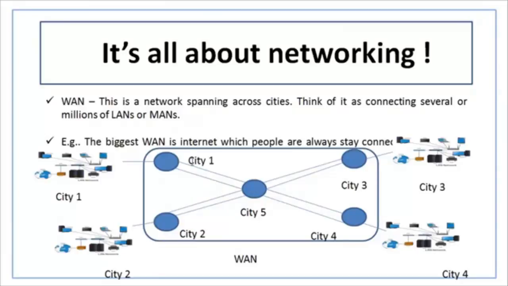Again, let's say you are in city 1 and you have a service provider here. You also have an office in city 4, another in city 2 and city 3. The service providers giving this connectivity may not belong to one organization.